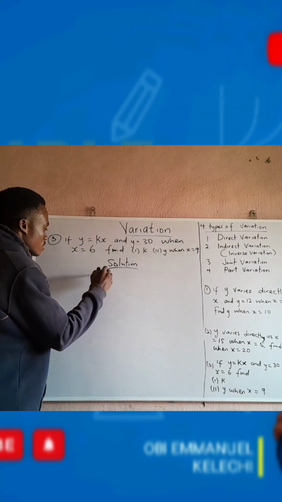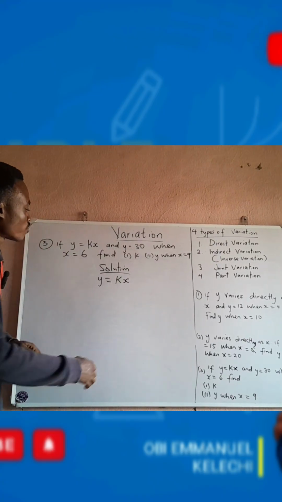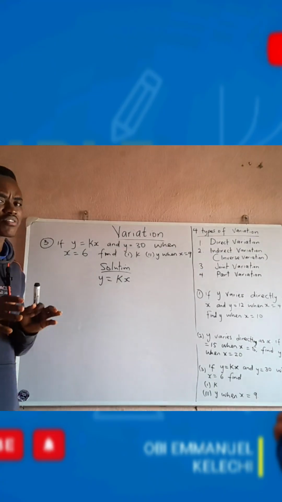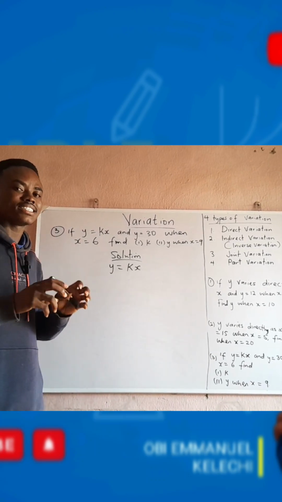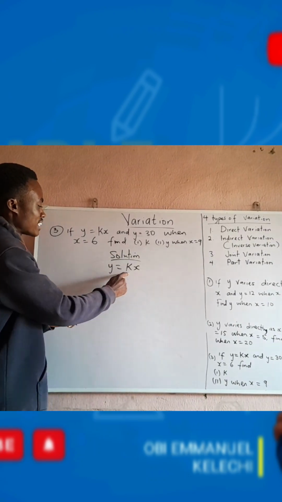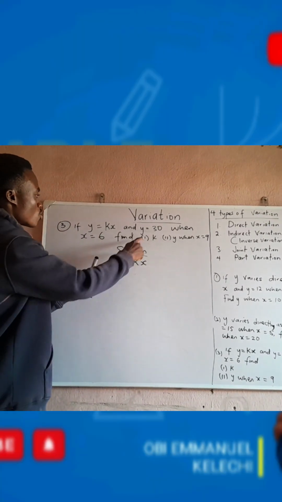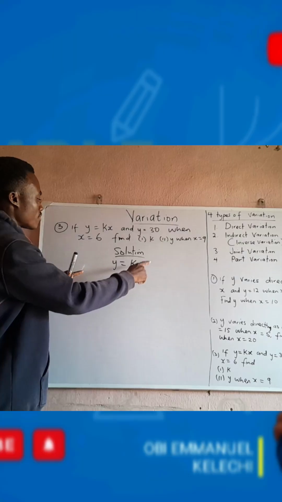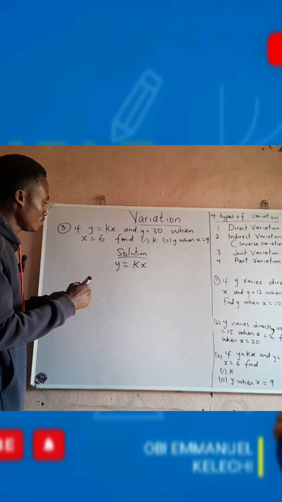Now the question is y is equal to kx. So they said we should find k. Just like I've said, k is the constant and you must always find the constant. K is the constant and the question says we should find k. Now they've given us what y is, because they said y is 30, and they've given us what x is. They said x is 6.